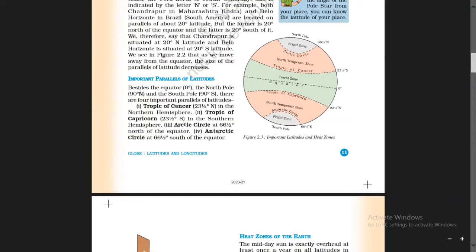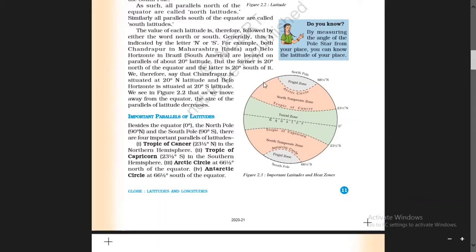Boys, towards the right side of your book, on page number 11, see the second diagram there. The equator divides the earth into two hemispheres, drawn at the center.